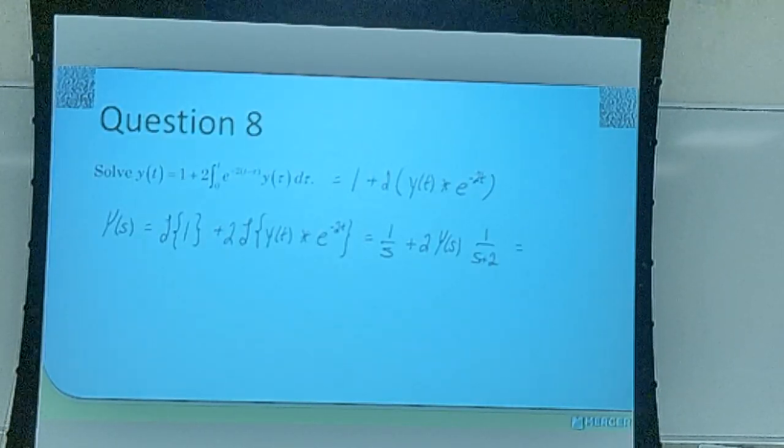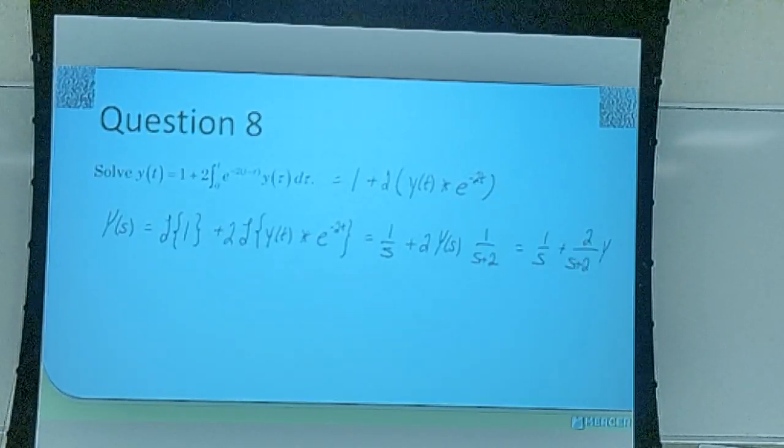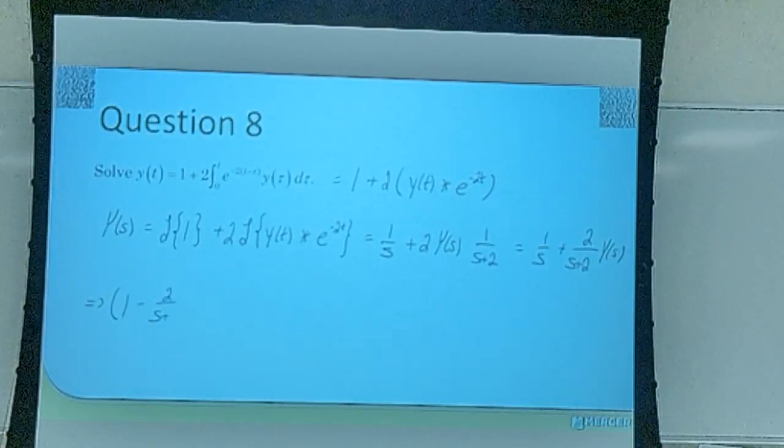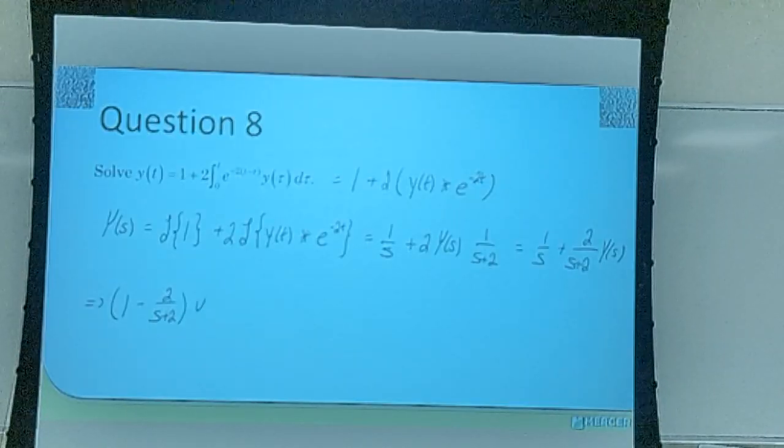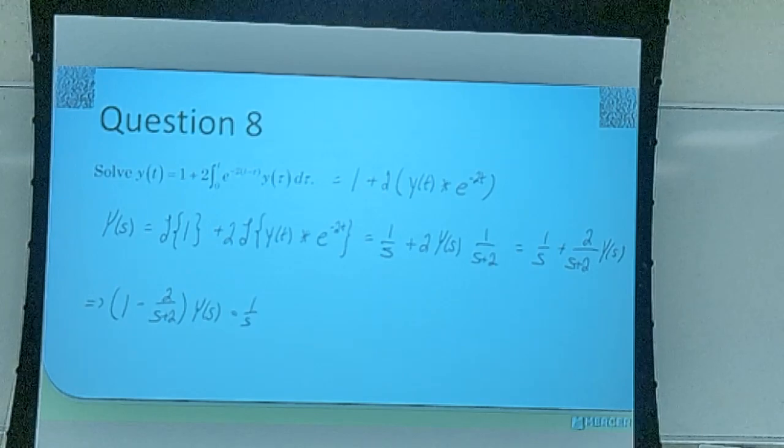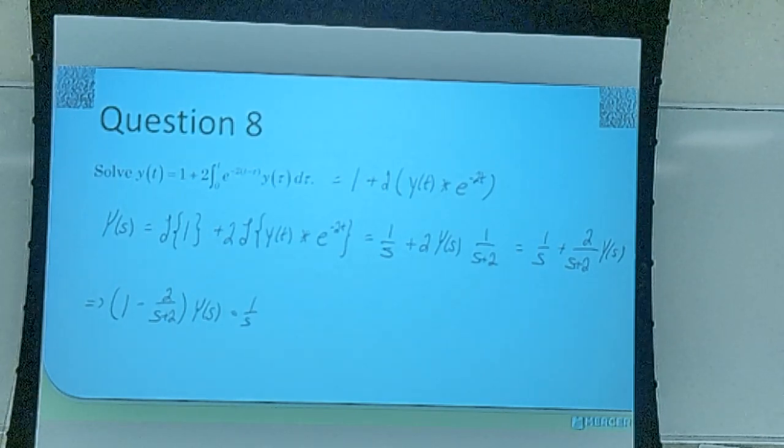We can make that look nicer. Move the Y of s over to the other side.